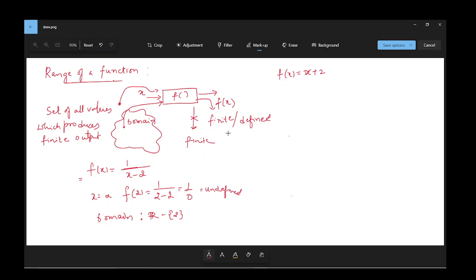So if all the valid inputs to the function are called the domain, then what about the set of all output values, that is f of x, produced with valid inputs?